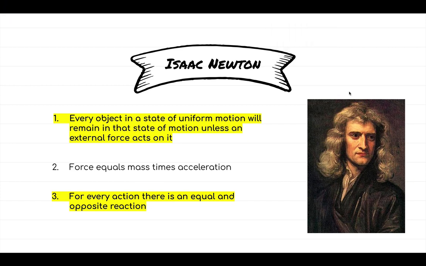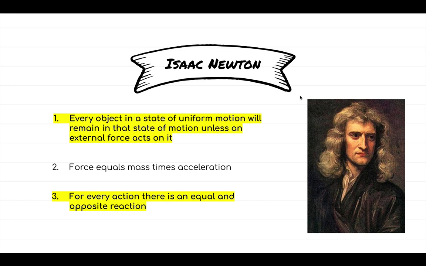A good way to think about the third law is that in every interaction there's a pair of forces acting on two different objects. So for every action there's an equal and opposite reaction. Easiest way to think about it is you sitting down on a chair. So there's two forces that happen as a result of this, called an action and a reaction. So you sit down, that's the action, and so your body gravitationally pushes down.